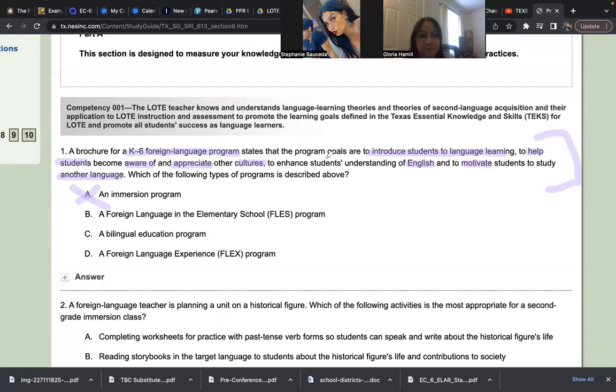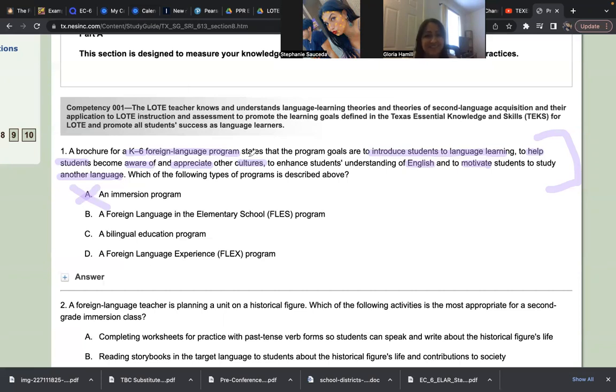Okay, so the program goals are to introduce students to language learning, help students become aware and appreciative of other cultures, enhance students' understanding of English, and to motivate students to study another language. So, are they actually studying a foreign language at all in this program? No, because it says motivate, but they're focusing on understanding of English. At least that's how I understand it.